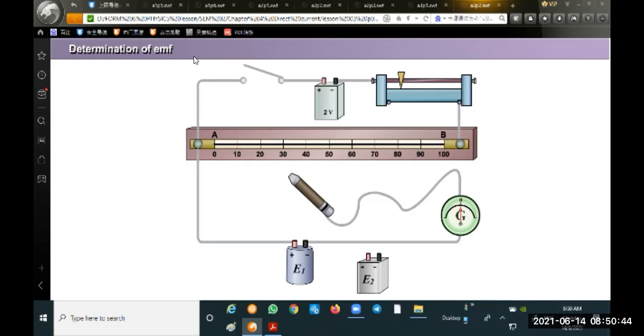The disadvantage is we need to refill the electrolyte, the water inside the battery. We cannot let the electrolyte dry off, because if it dries off, we spoil the battery. So that is one thing we need to take care of.